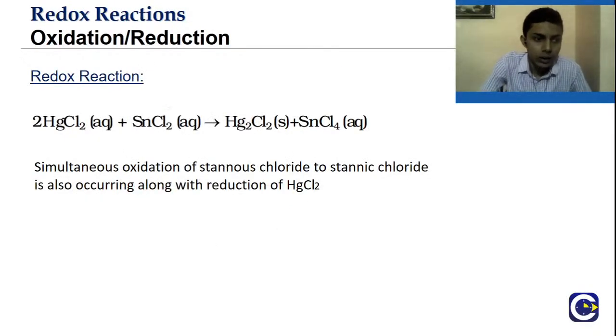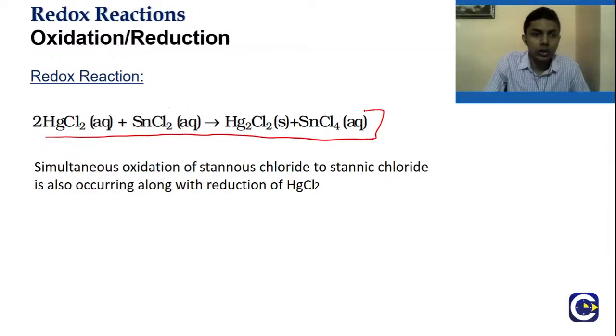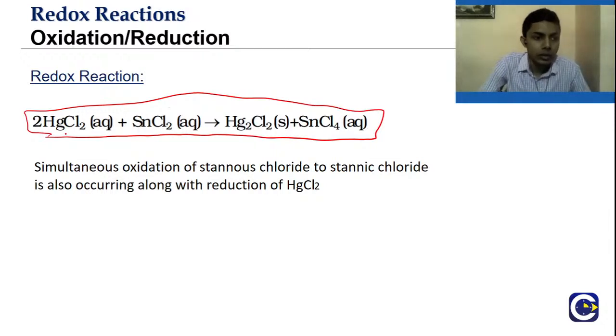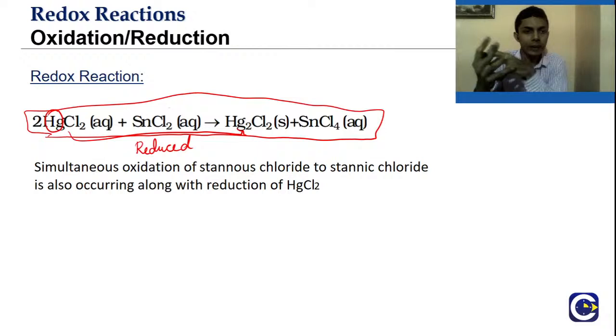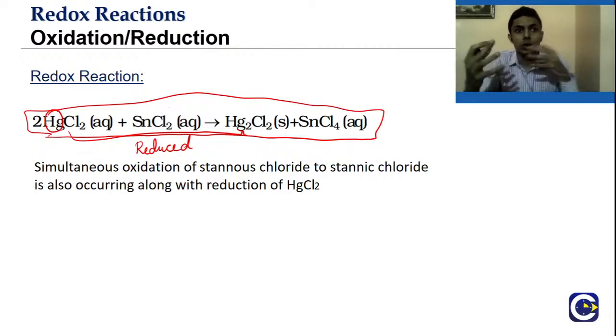If you look at this example, HgCl2 plus SnCl2 gives Hg2Cl2 plus SnCl4. There is something special in this reaction. From the Hg perspective, this compound from HgCl2 to Hg2Cl2 is getting reduced, as I explained before, because electropositive, which is hydrogen like, is getting attached to HgCl2.